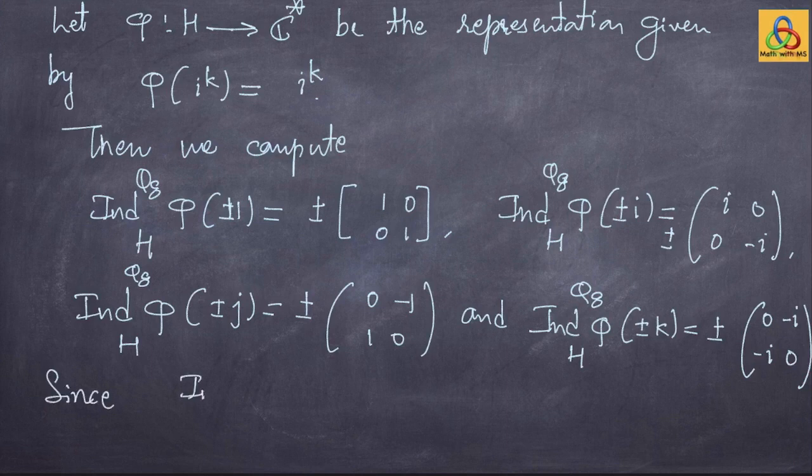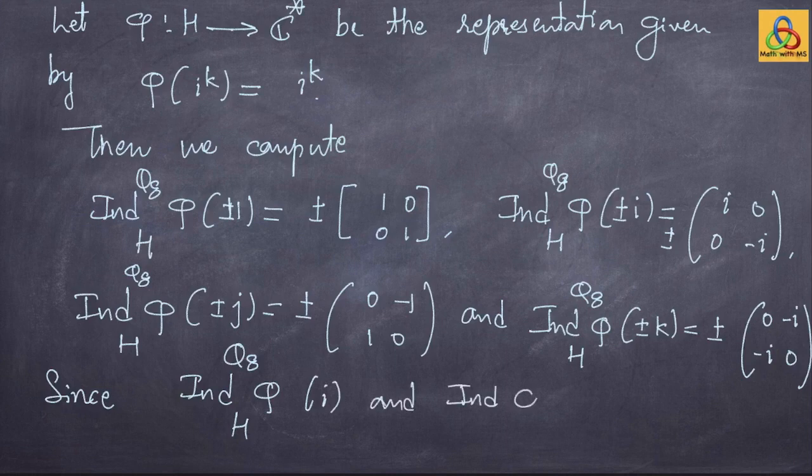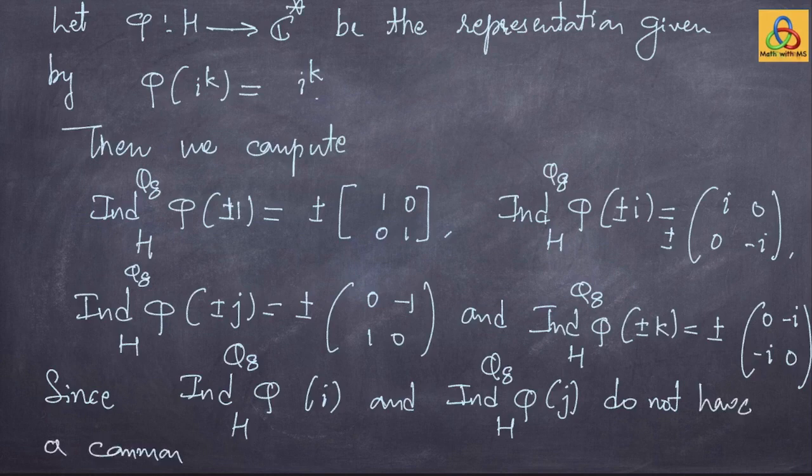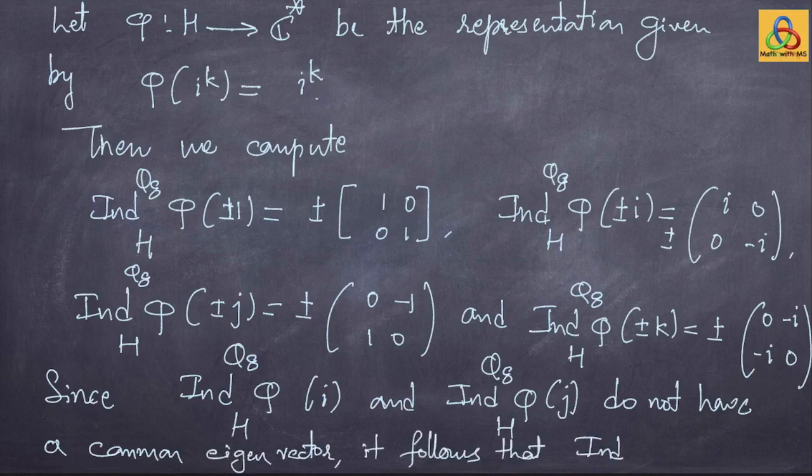Since the induction at i and the induction at j do not have a common eigenvector, it follows that the induction of phi from the subgroup H to Q8 is irreducible.